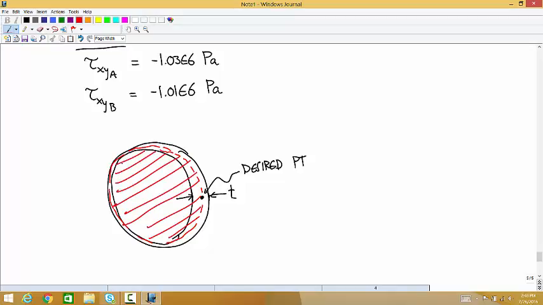So yeah, it's no problem to have the wall thickness varying. Whatever point you're looking at, you use the thickness of the wall at that point. Any other questions? Okay, that's all.